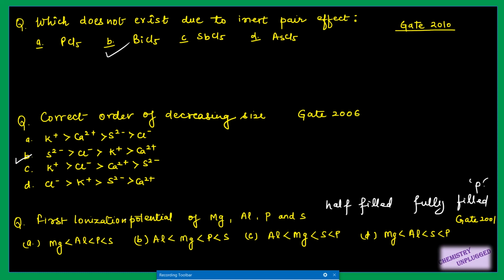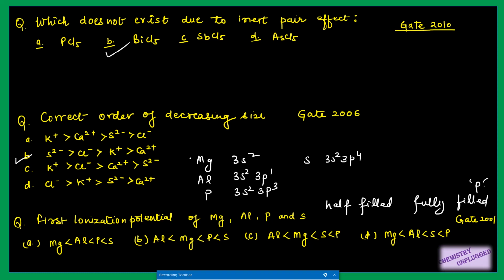For magnesium, configuration is 3s2. For aluminium, it is 3s2 3p1. For phosphorus, it is 3s2 3p3, and for sulfur it is 3s2 3p4. And you will also remember that ionization potential increases when moving left to right.